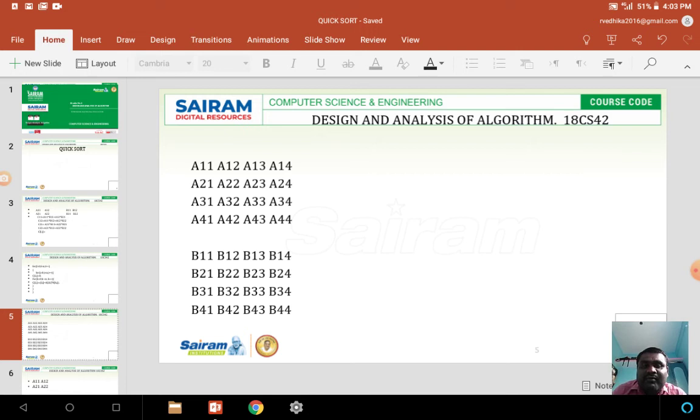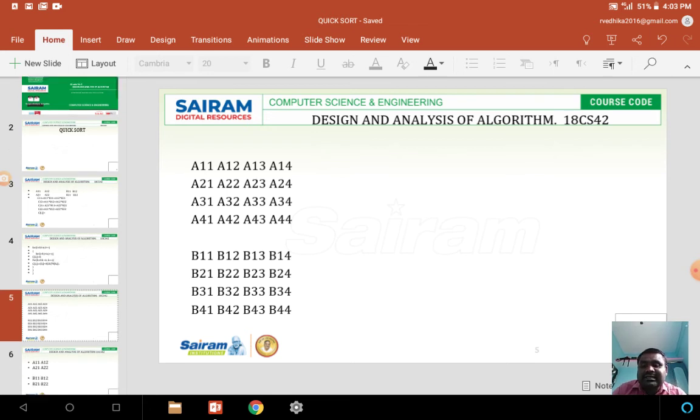Similarly A31, A32, A41, A42 will be taken and assigned to A21. A33, A34, A43, A44 will be assigned to A22. In such a way we have to divide the matrix into sub-matrices, and label the sub-matrices as A11, A12, A21, A22, B11, B12, B21, B22.